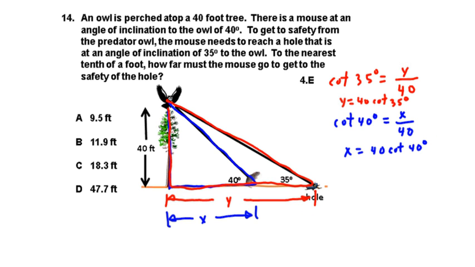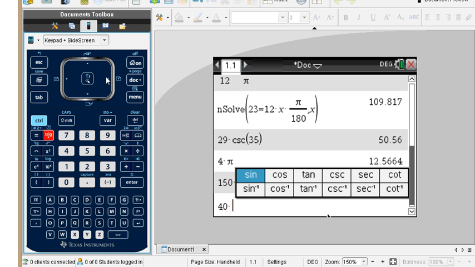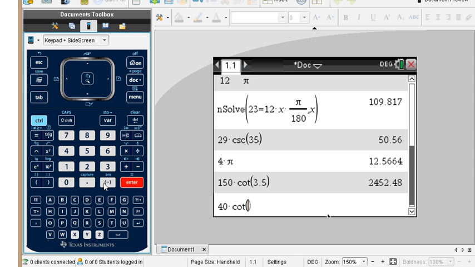So we can just go to our calculator and say 40 times cotangent 35 degrees, subtract out 40 times cotangent 40 degrees.